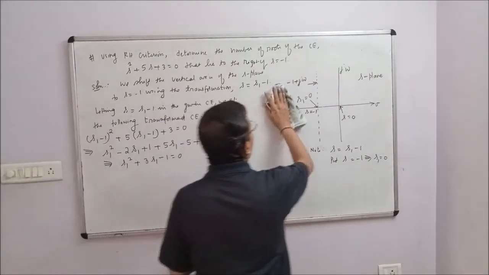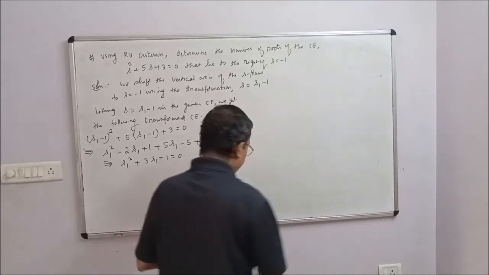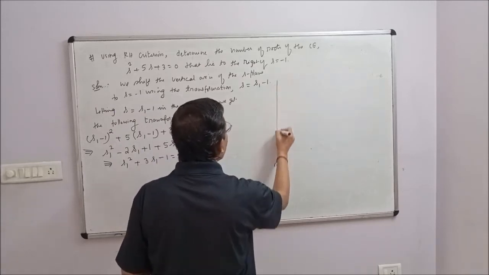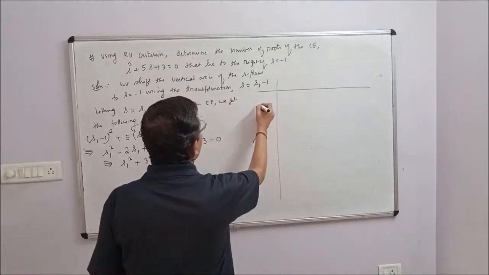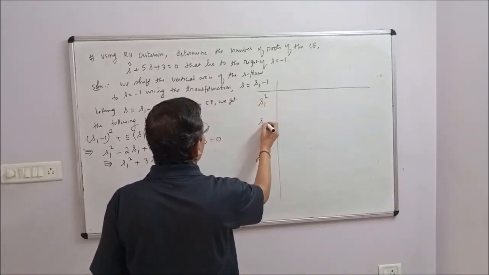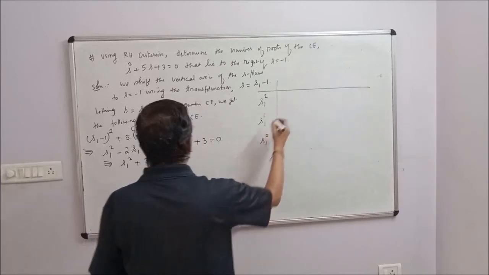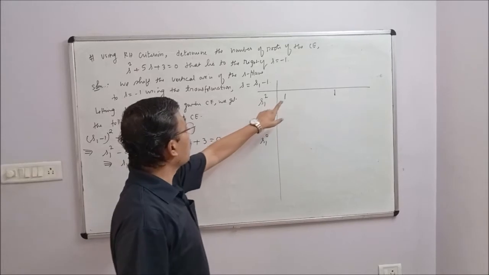Will form Routh's array now. This is s1 square, s1 to the power 1, s1 to the power 0. 1, minus 1. This is the coefficient of s1 square.